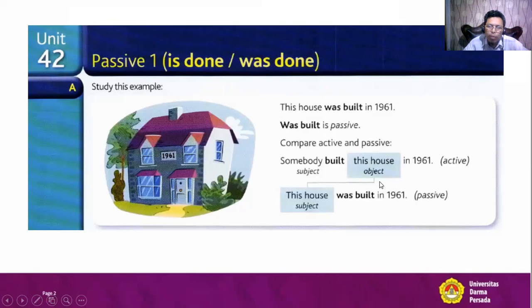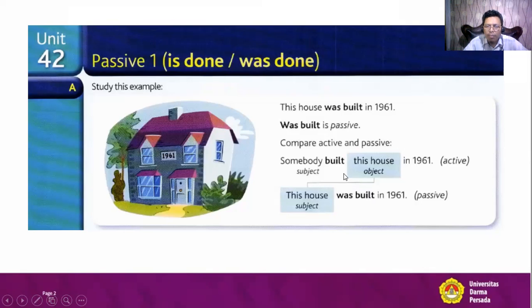Okay, now compare this sentence with this one. This house was built in 1961. And this is a passive sentence. Everybody can see that we have originally built, and then it becomes was built.